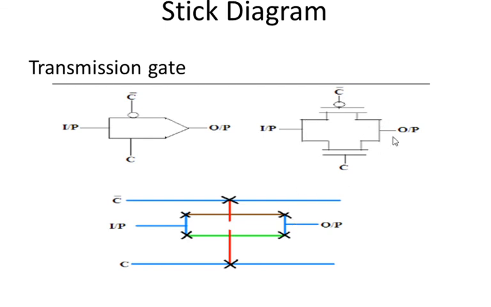Similarly, on the right hand side, we have connected the PMOS terminal to the NMOS terminal. So these are different kinds of materials, so we have used metal to connect these two terminals of the transistors.